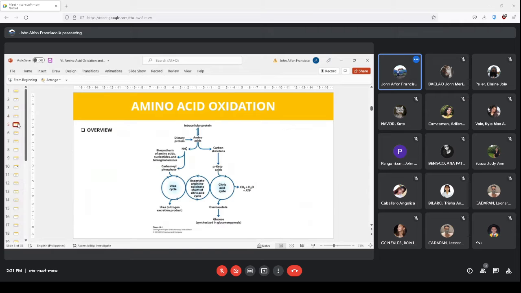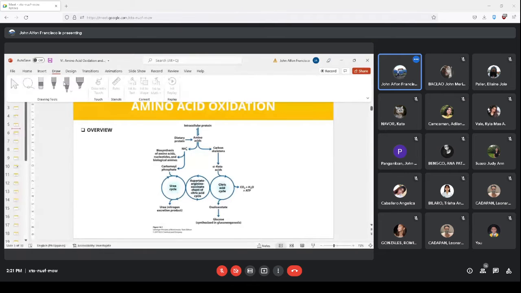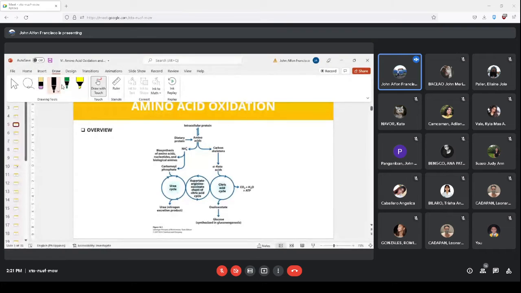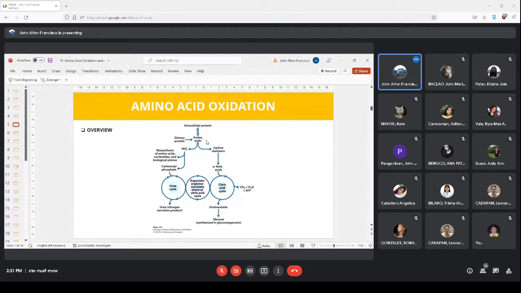Alright. So after it enters the body, magpa-process na yung different processes for your amino acid. Okay, so this is the overview of what happens in our amino acid oxidation. So you have your intracellular protein and dietary protein, which will undergo cleaving to form your amino acid.